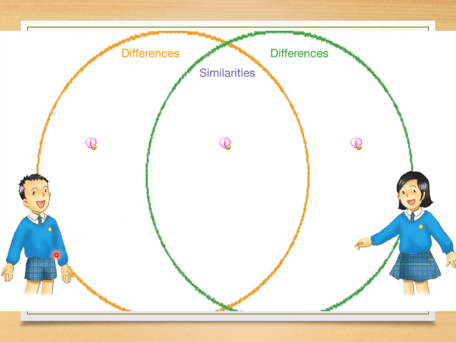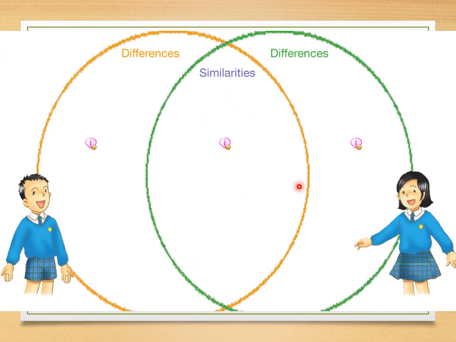Yes, the orange circle represents boys. And the circle colored in green represents girls. So in between, this part is the similarity regarding boys' and girls' body changes.